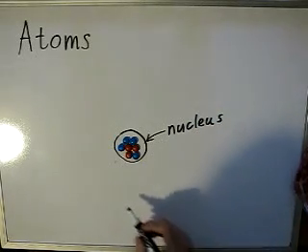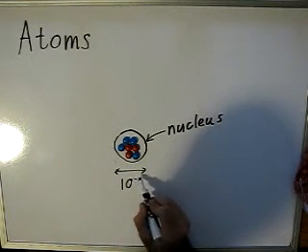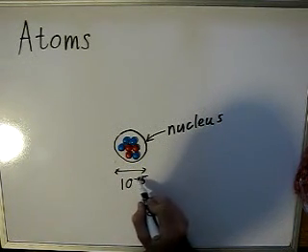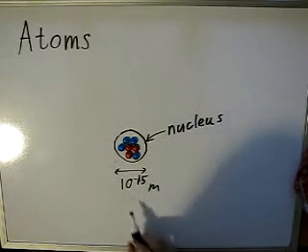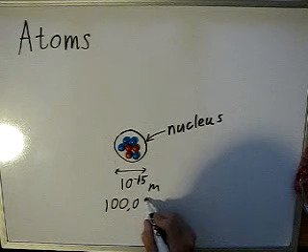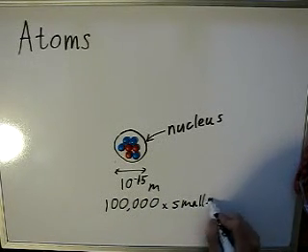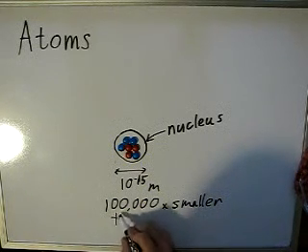How big is this thing? This thing is actually only about 10 to the minus 15 meters across. So this is 100,000 times smaller than the electron cloud.